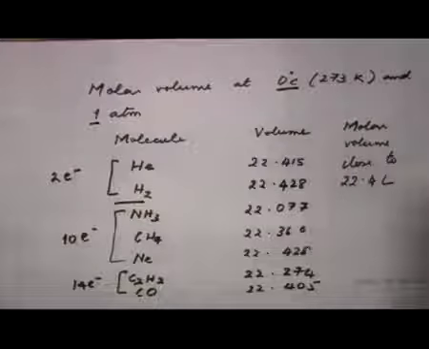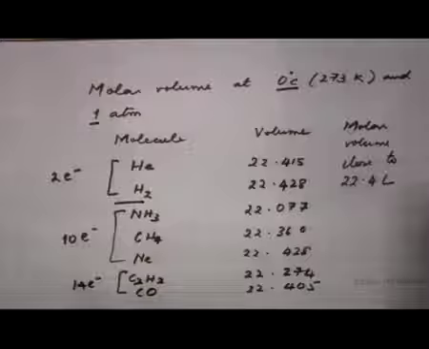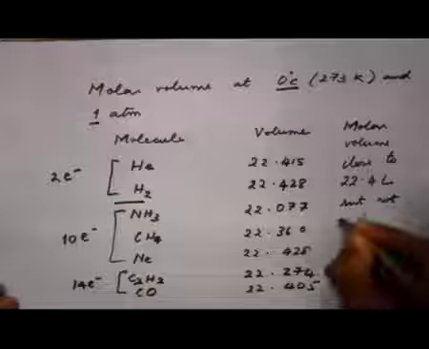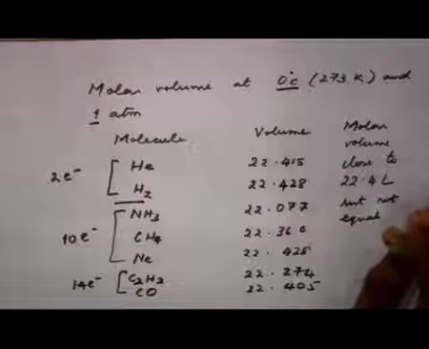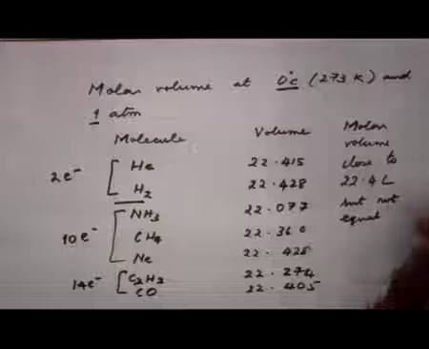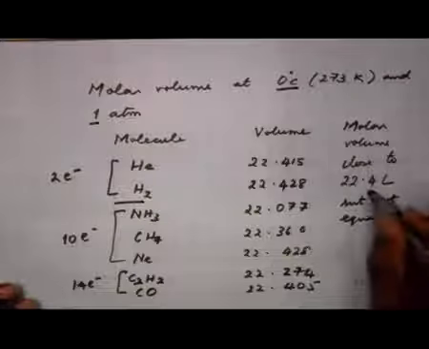This is what Avogadro would have told you. Avogadro tells you that under identical conditions you are going to have the same number of molecules. So, the molar volume is close to 22.4 liters, but not equal. That it is close tells you something, and that it is not equal also tells you something, right.